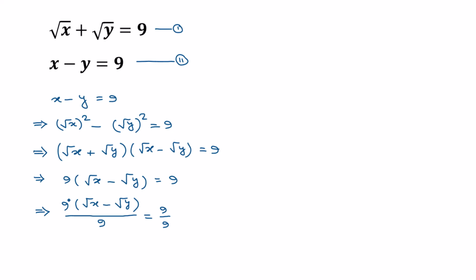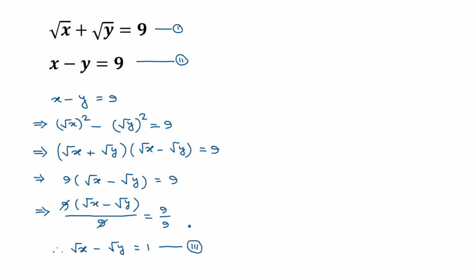Now this 9 and this 9 will cancel out, so it will remain square root of x minus square root of y is equal to 9 divided by 9, which is 1. Consider this as equation number 3.